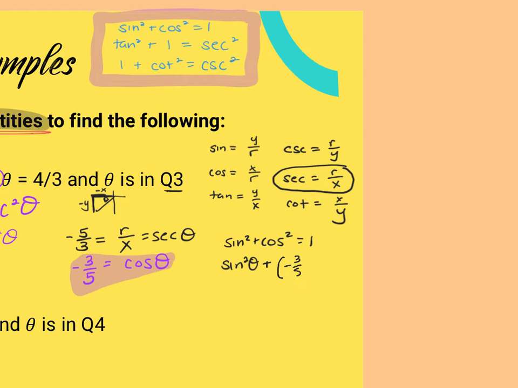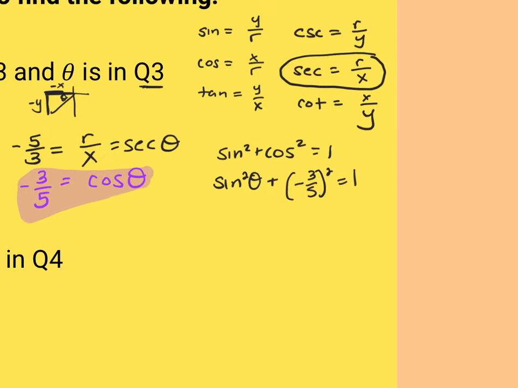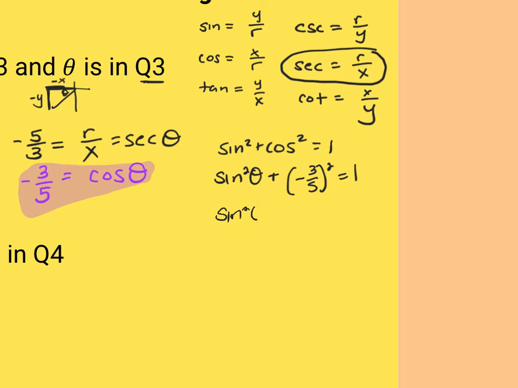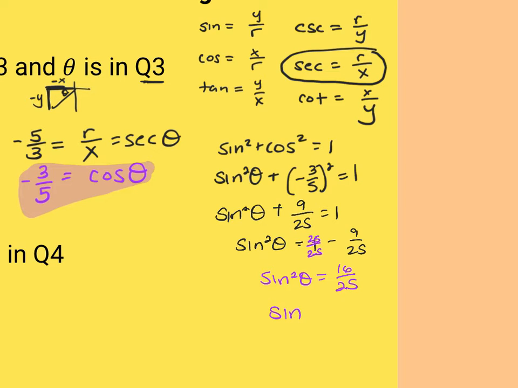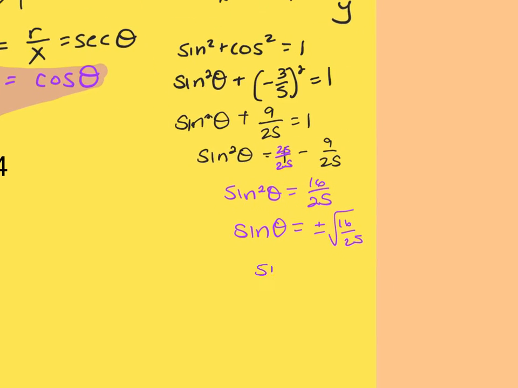Cosine is negative 3/5, so sine squared theta plus 9/25 equals 1. Sine squared theta equals 1 minus 9/25, which is 25/25 minus 9/25, so sine squared theta equals 16/25. So sine of theta is plus or minus the square root of 16/25, which is 4/5.